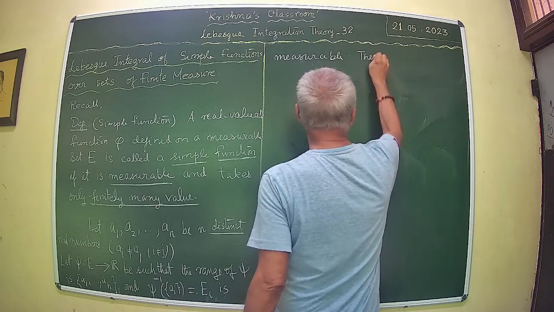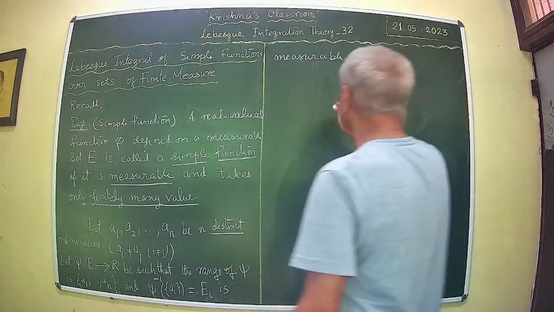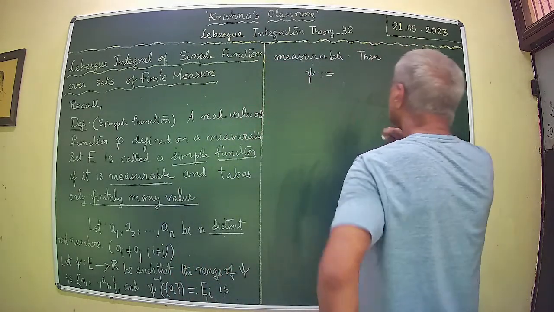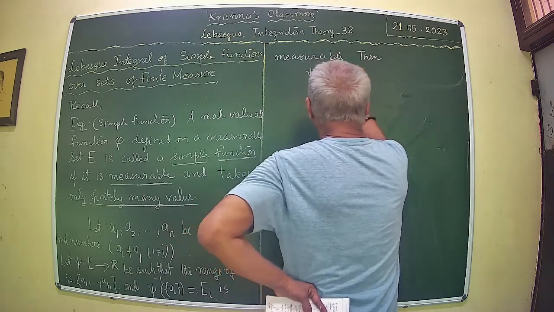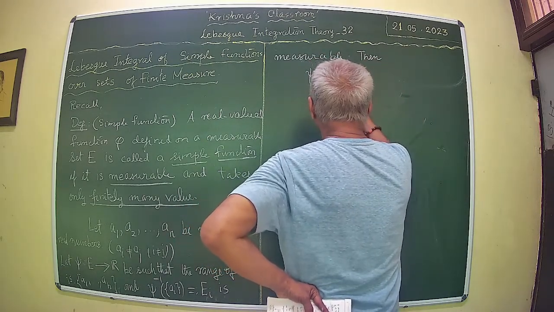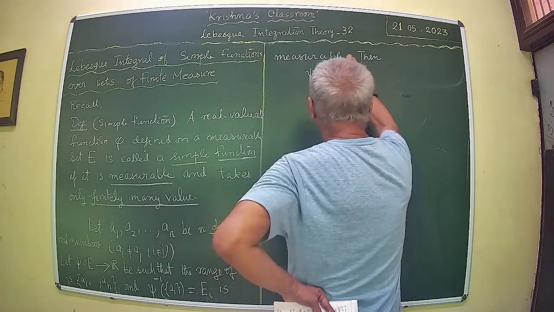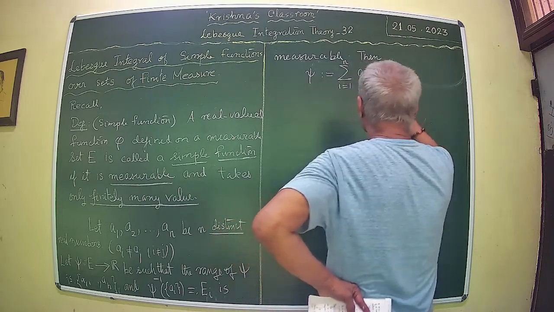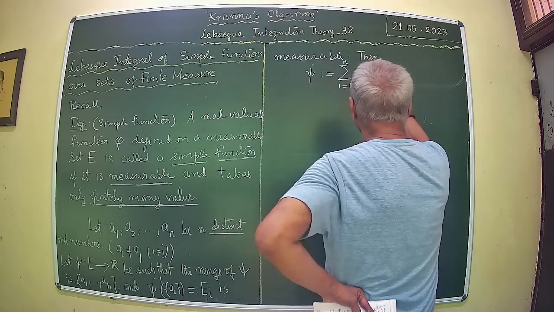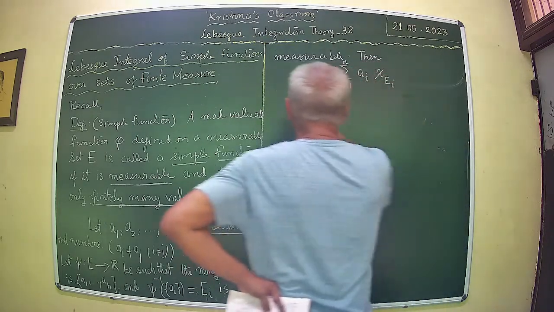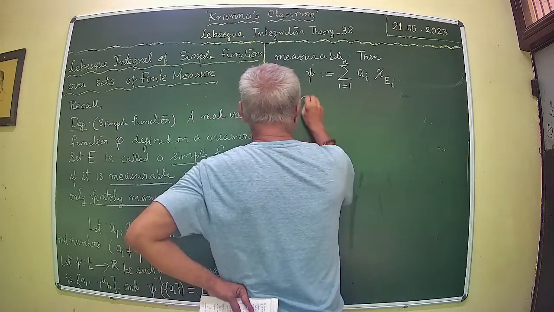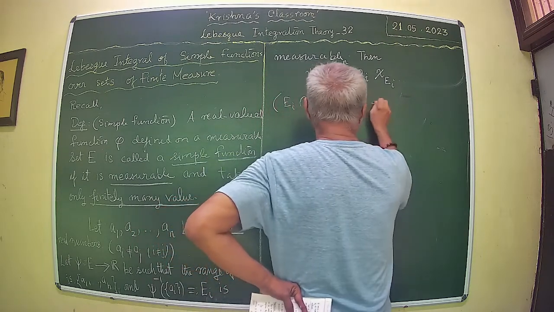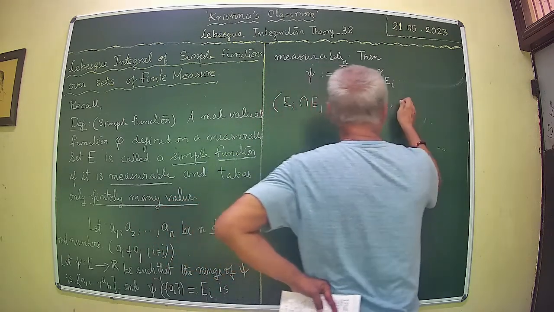Then we have psi defined as the sum of ai times chi of Ei, and we also have Ei intersection Ej is empty, i different from j.